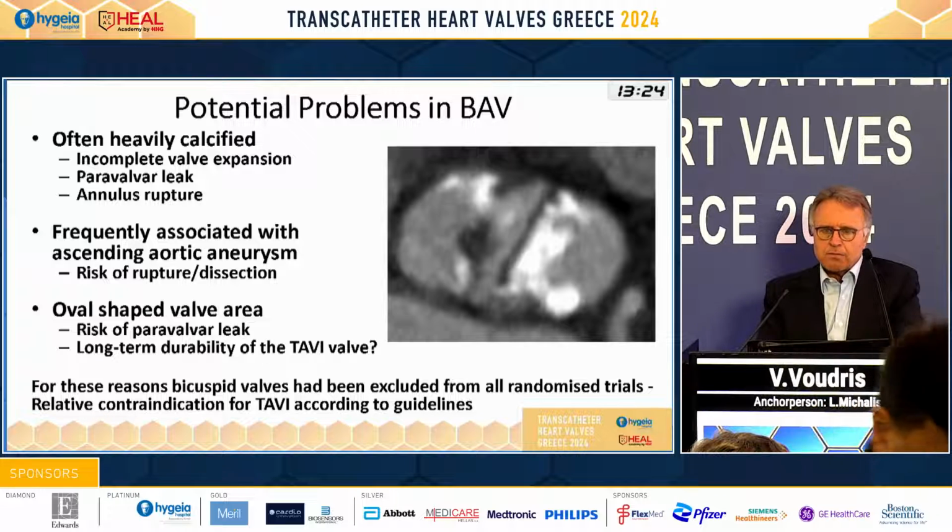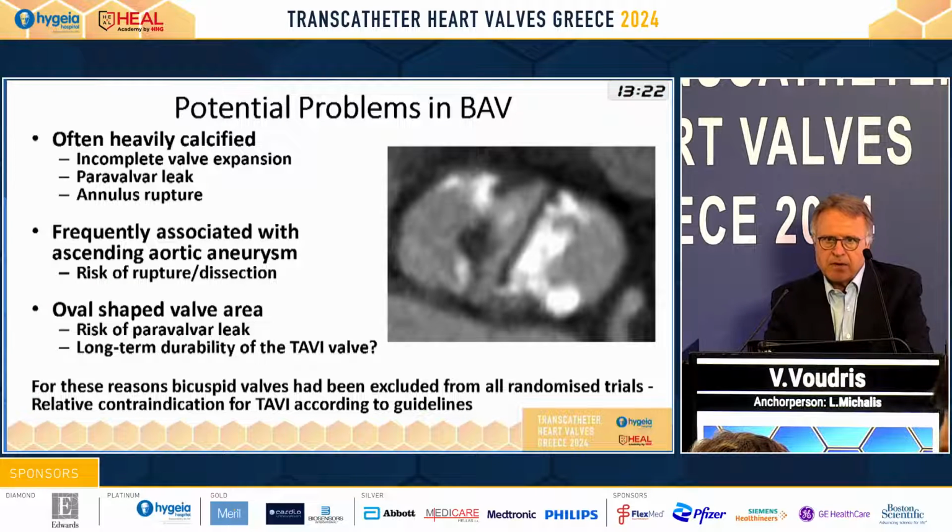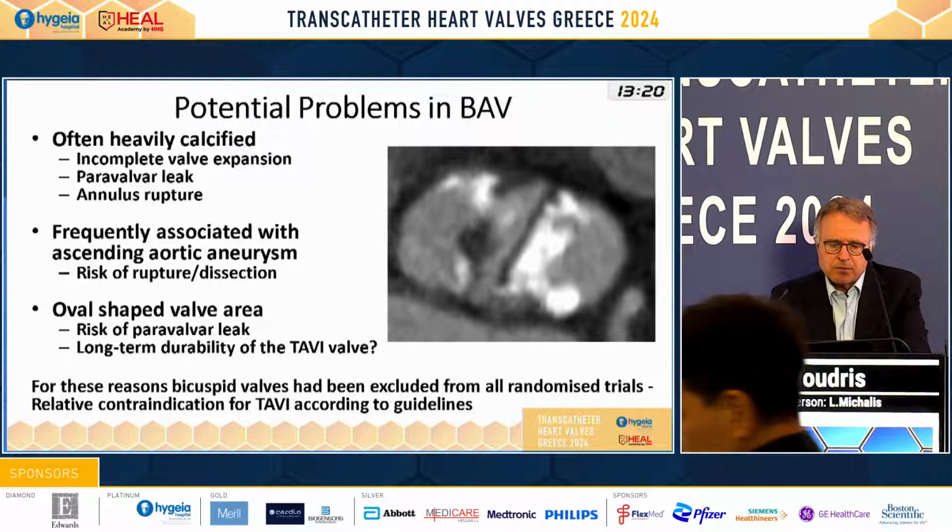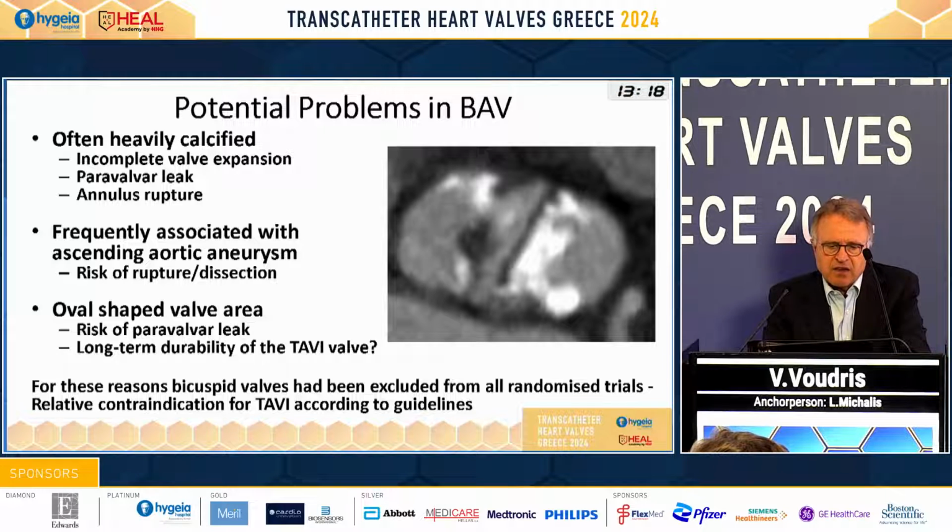What's the potential problem for TAVI in patients with bicuspid morphology? This valve often is heavily calcified, so sometimes we have incomplete valve expansion, paravalvular leak, and annulus rupture. It is frequently associated with ascending aortic aneurysm, so there is a risk for rupture and dissection.